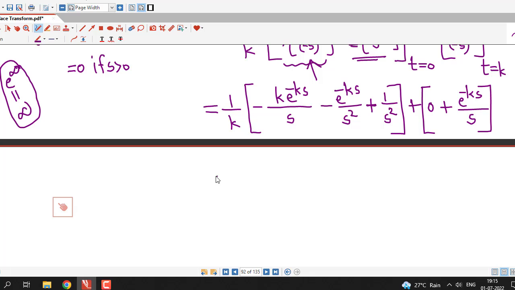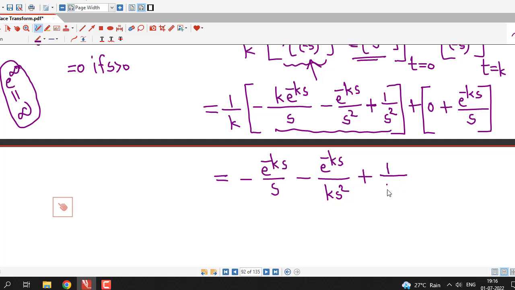Now we simplify this. We multiply this whole quantity by 1 by k, and we have e raised to minus ks divided by s minus e raised to minus ks divided by k times s square plus 1 divided by k times s square, and plus e raised to minus ks divided by s.